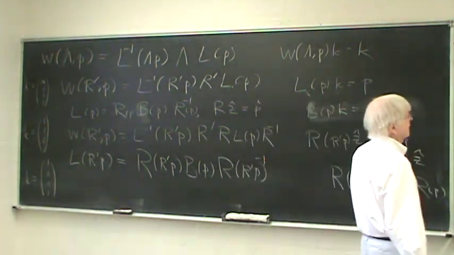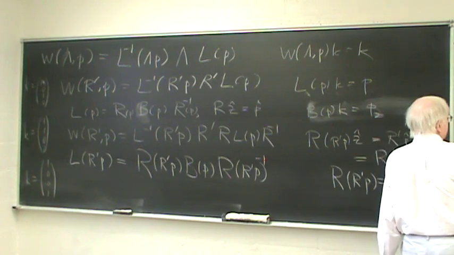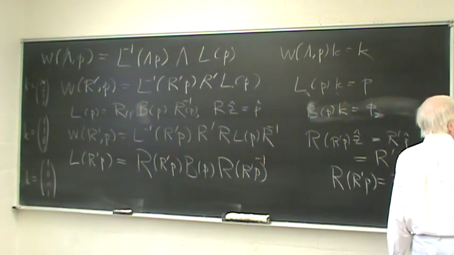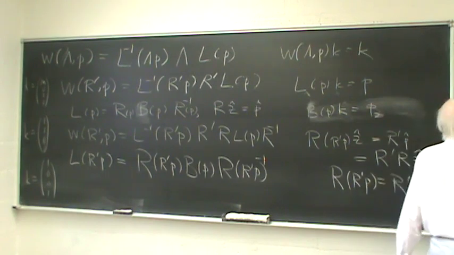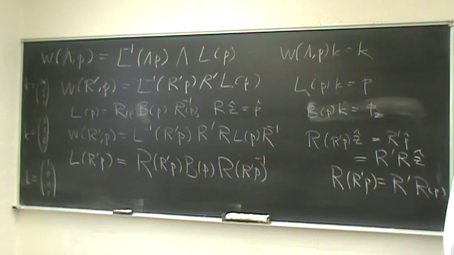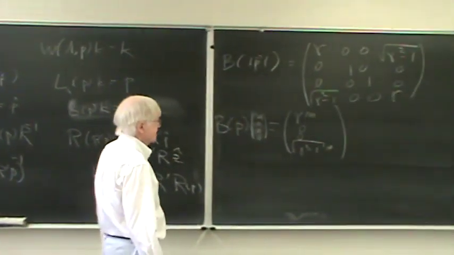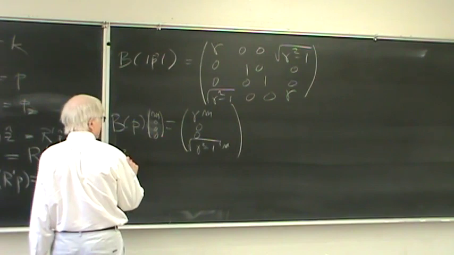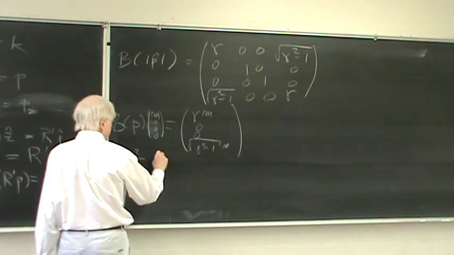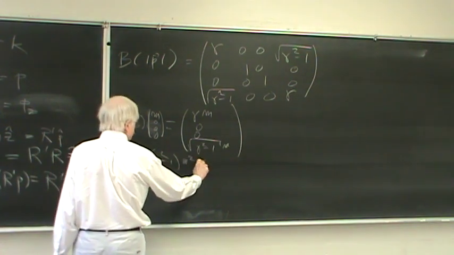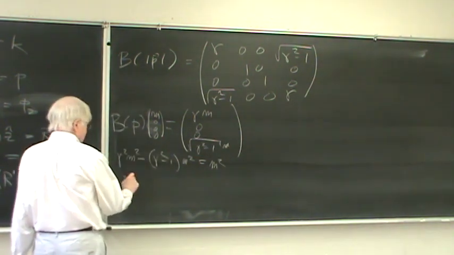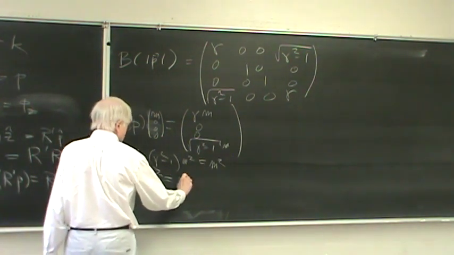So B of P takes K, which is to say M000, into gamma M, 0, 0, square root of gamma squared minus 1 times M. And this satisfies the relation gamma squared m squared minus gamma squared minus 1 m squared is equal to m squared, which is to say p0 squared minus p vector squared is equal to m squared.